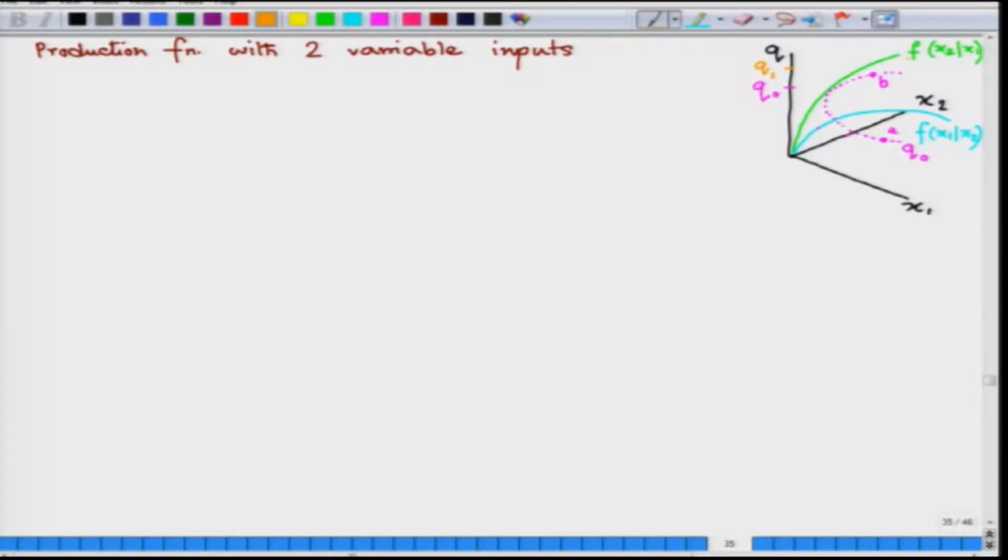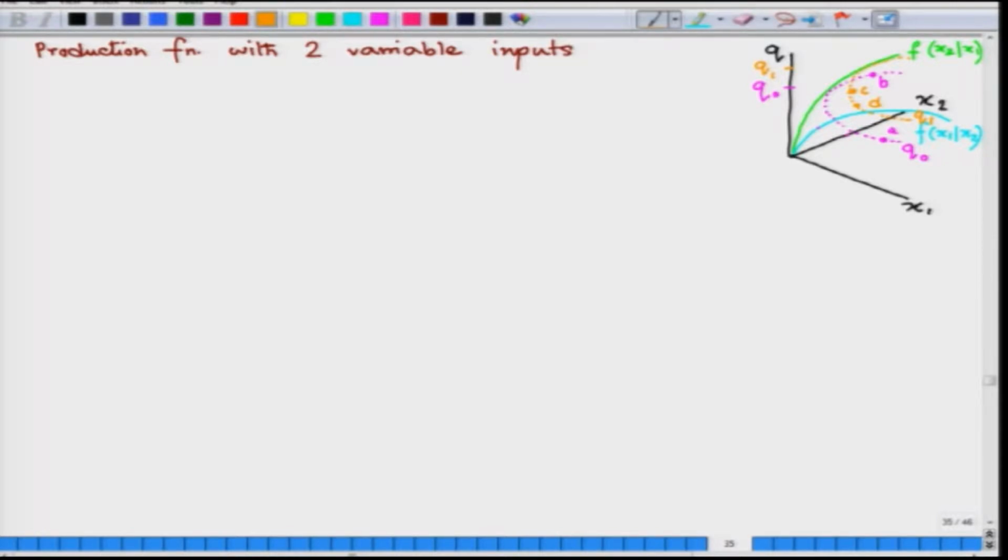I am going to get another curve like this, and this will give me again, like the previous one, all the input combinations, like say C, D, which will produce the same level of output, say Q1. These generated curves which are superimposed on the input plane are called isoquants.